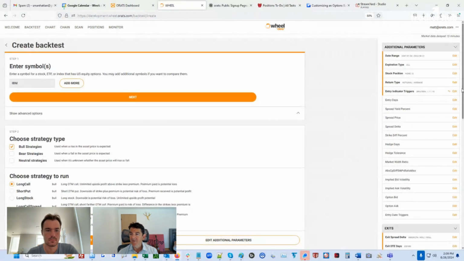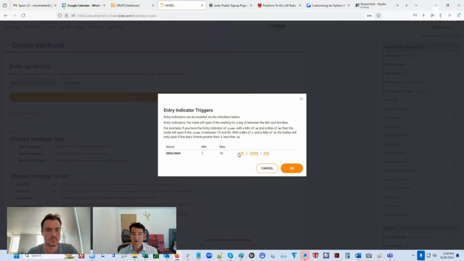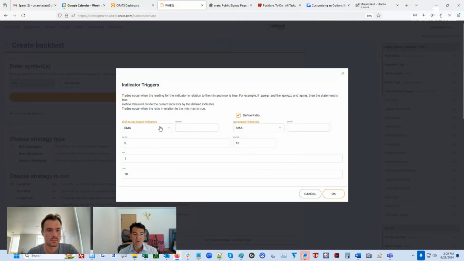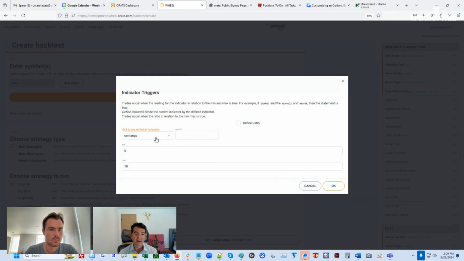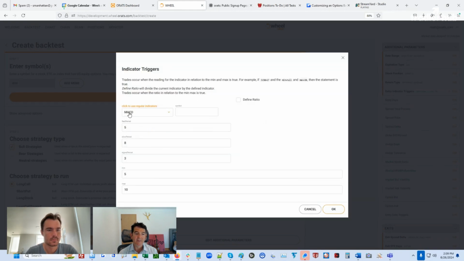So if you go in and edit this, you could say, well, I want 1.02. And then I could add another indicator. So I could add an MACD with a fast period where that's above by 1.